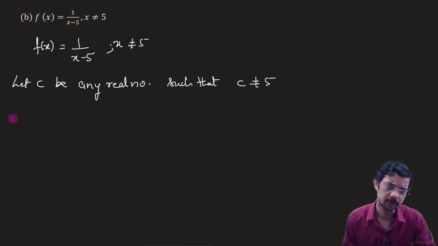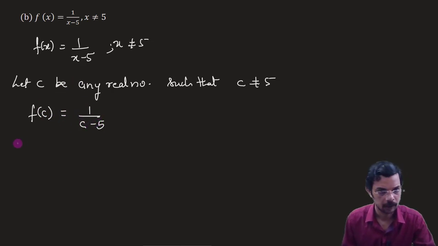Now, what happens when it is less than 5? What happens when it is greater than 5? In both cases, the function is defined equally. So f of c is equal to 1 by c minus 5. Now we shall check the limit of the function.